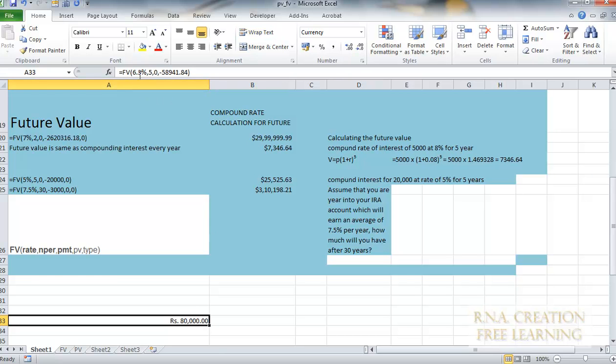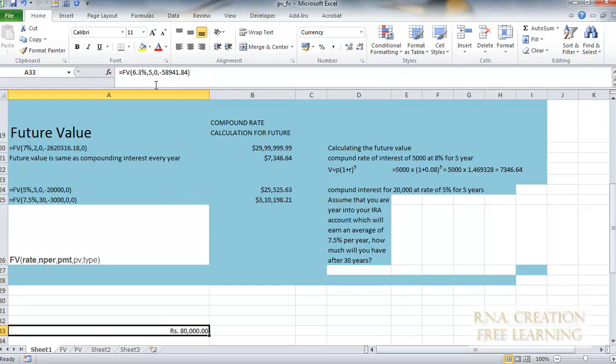You can see it up here, this is what the future value is. I put the same thing, 6.3% for 5 years, and this is what I would be getting in the future. Okay, this is the future value, sorry, that would be what I would be getting in the present.